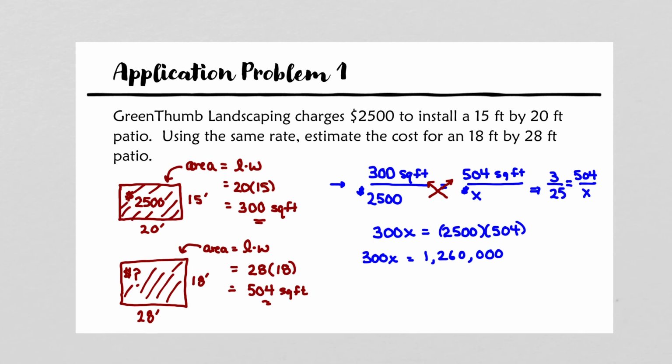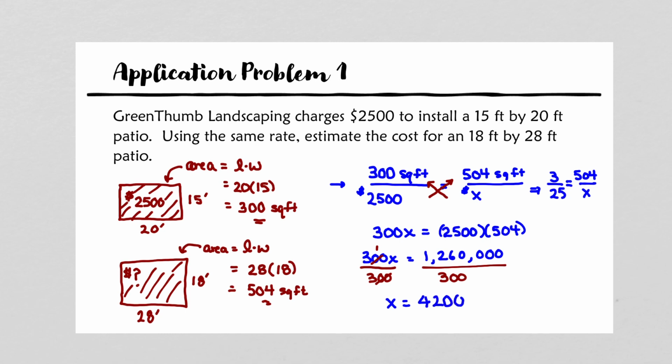But here we are. We've got 300 times x equals 1,260,000. How do we solve this equation? We go ahead and we divide both sides of our equation by the number in front of x, which is 300. And so when I take 1,260,000 and I divide by 300, I get the value that x is simply 4,200.